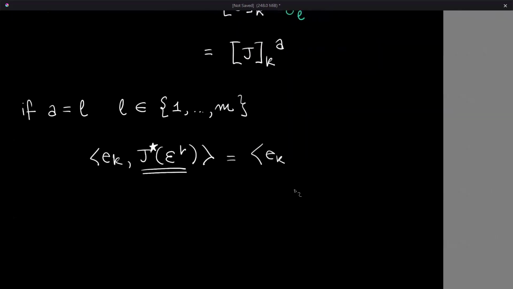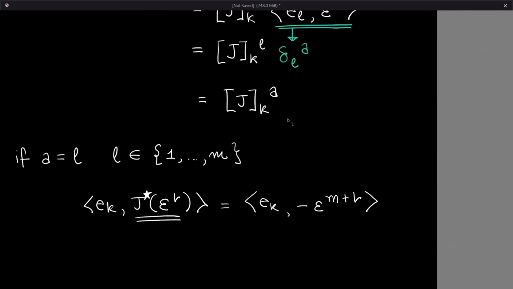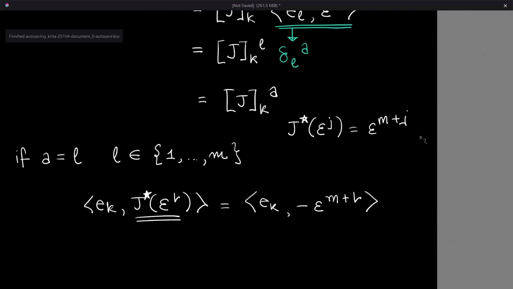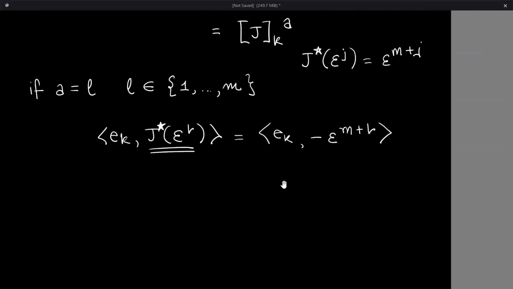That's fine. We know that this is minus epsilon m plus L from the last time. We saw that J star of epsilon J is equal to epsilon m plus J. So J runs, but M doesn't run. M is a constant. M is the dimension of the manifold.